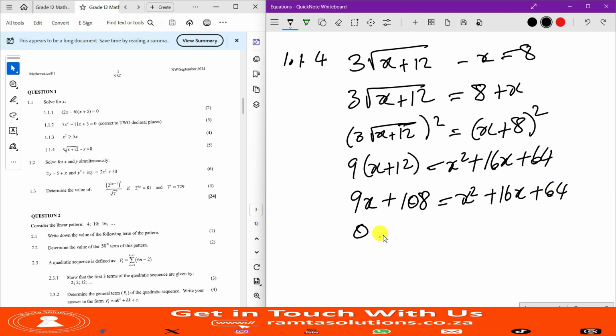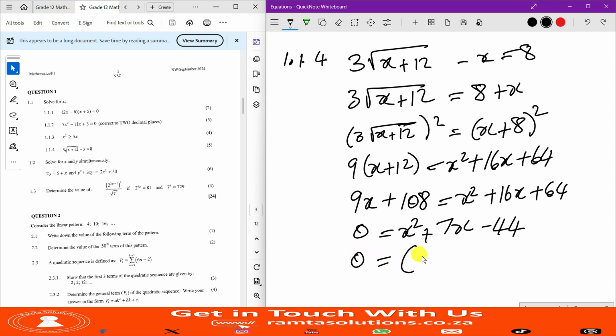So we'll say 0 equals x squared. Now we collect like terms. 16x minus 9x must be positive 7x. 64 minus 108 will be negative 44.